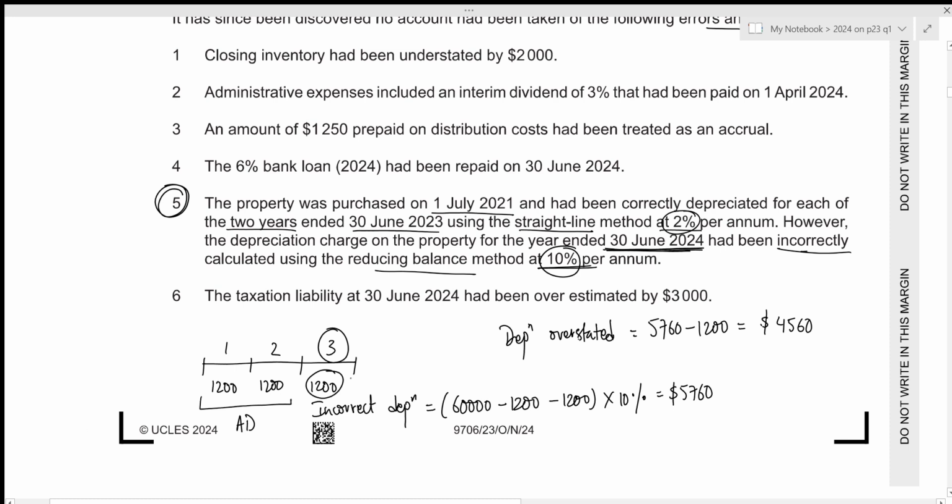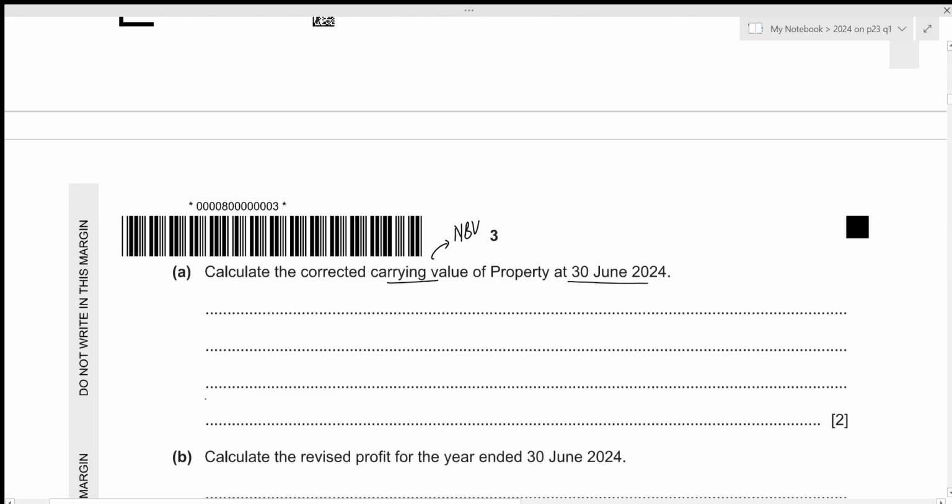So the carrying amount at the end of the third year will just be the cost minus the accumulated depreciation. And in this case, the accumulated depreciation will be 1,200 for 3 years. Let's calculate. So 60,000 was the cost minus 1,200 for 3 years. This will result in the correct carrying value of property at 30 June 2024 to have the amount of 56,400.